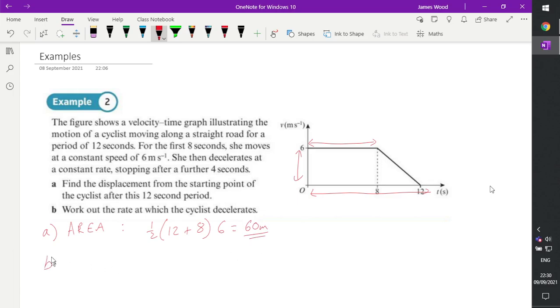Okay. Part B, work out the rate at which the cyclist decelerates. So we're looking at this slope bit where they're decelerating down to rest. We want to find the gradient of that. So the change is 6 in a time, remember we're just looking at this bit of time here, of 4 seconds.